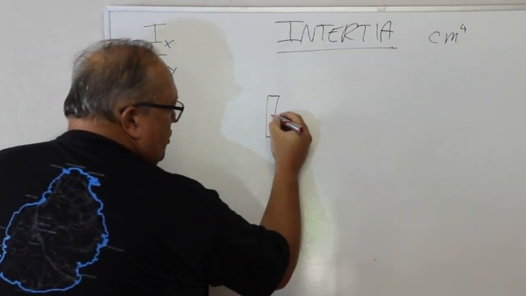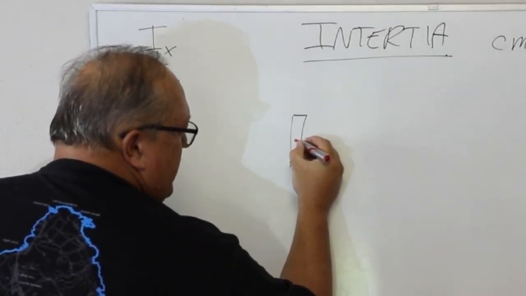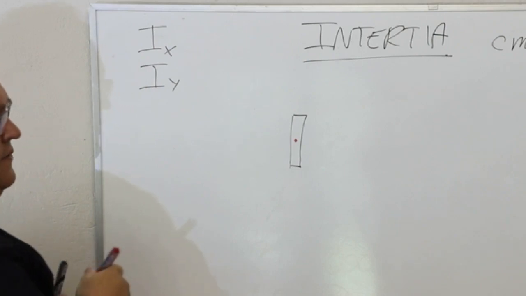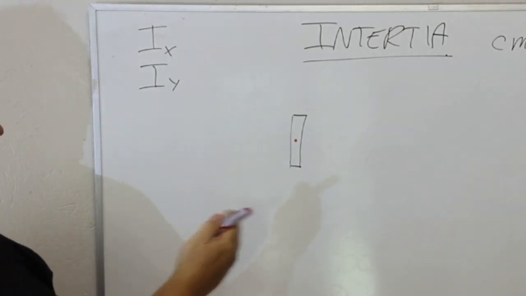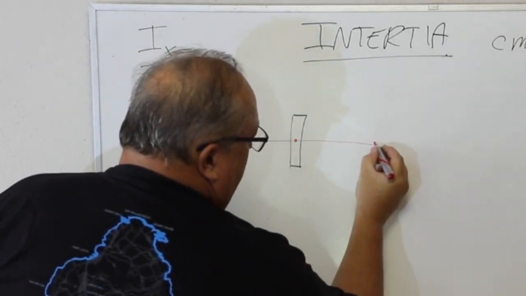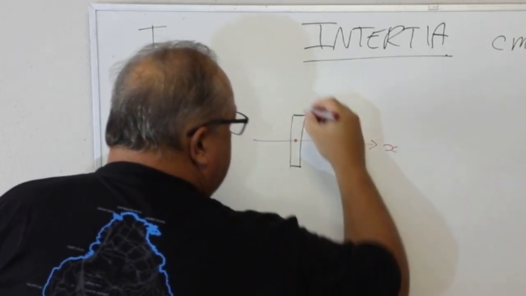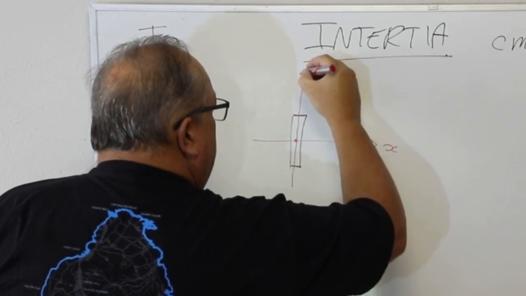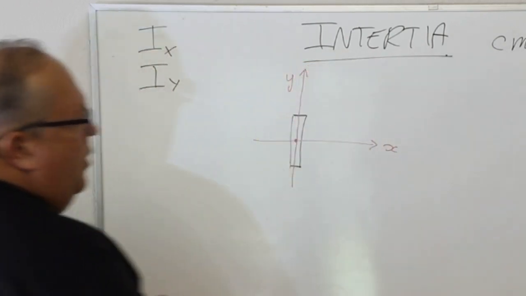Well, simply, I start off with what is called the centroid, which is effectively the center of gravity of that profile, moved to the edge of that profile. And through that centroid, I put an X and a y-axis.